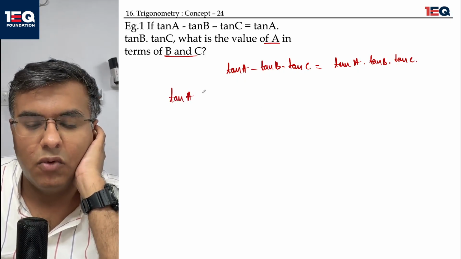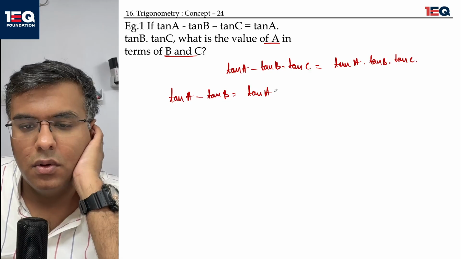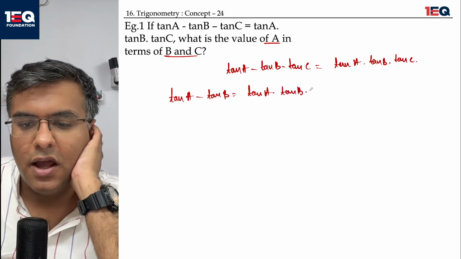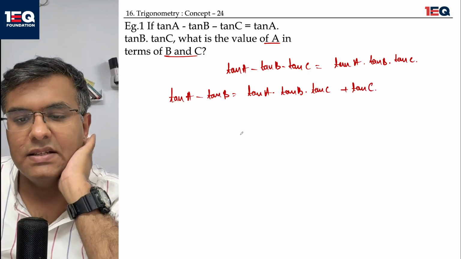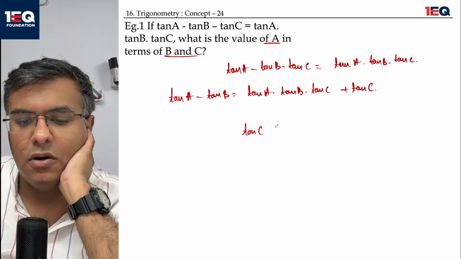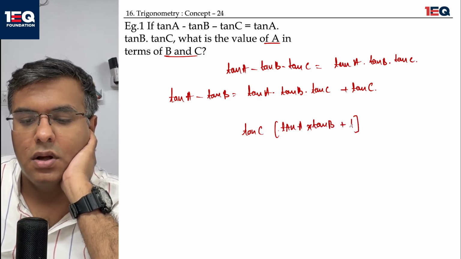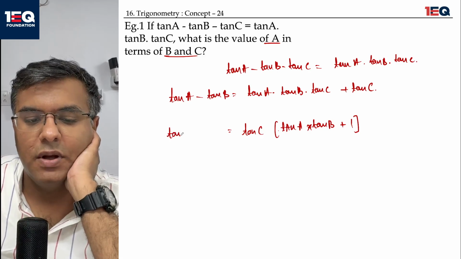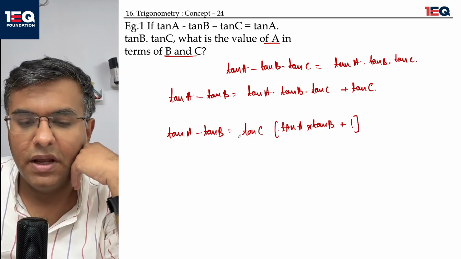What I would be left with is tan A minus tan B is equal to tan A tan B tan C plus tan C. I'll take a tan C common here and I would be left with tan C multiplied by (tan A tan B plus 1). This entire term would be equal to tan A minus tan B.